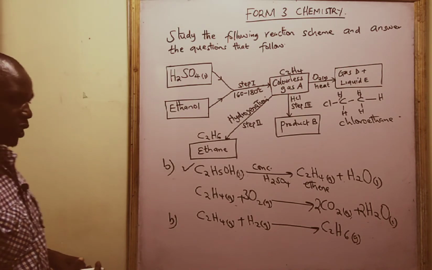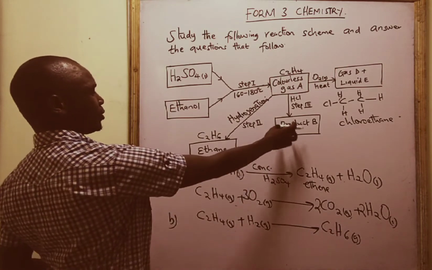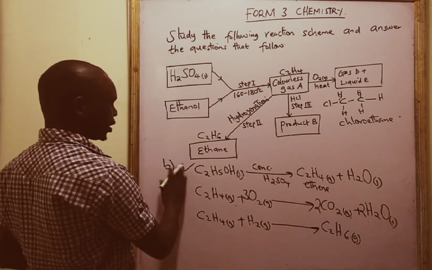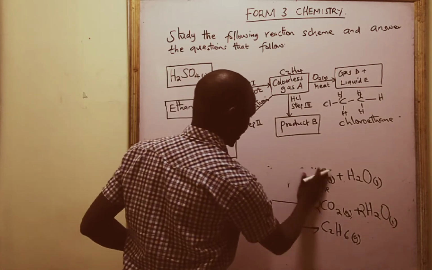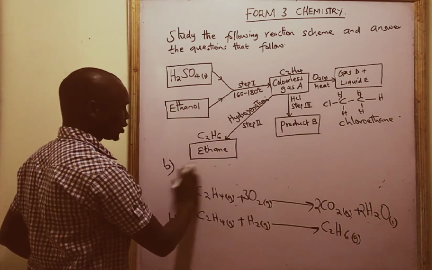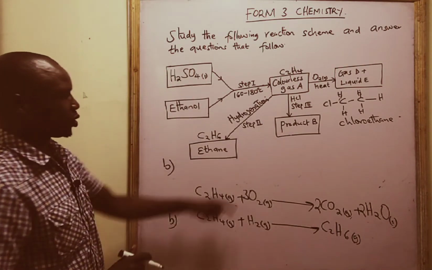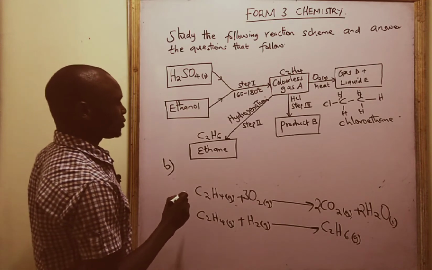So the last part that we are going to do is the part that leads to the formation of product B. So I can remove this part so that we can have a look at how product B is formed.